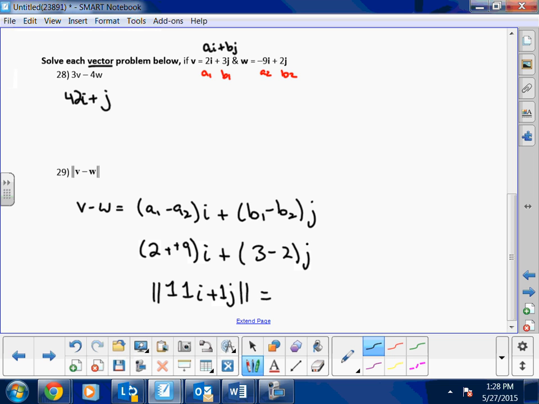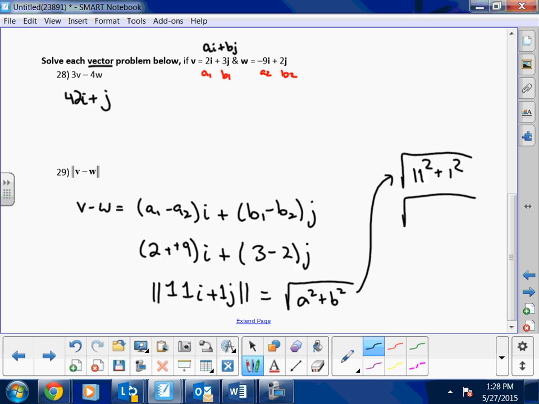To find the magnitude, all we need to do is apply this equation, which is the square root of a squared plus b squared. So let's do that. I'm going to move this up here and do 11 squared plus 1 squared. I get 121 plus 1, square root of 122.